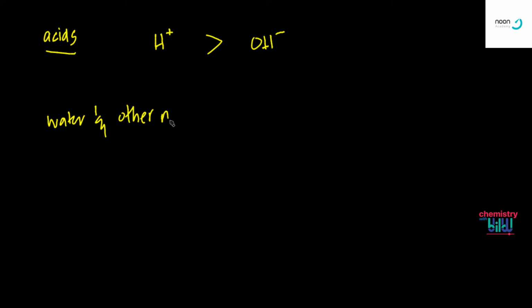Now, one thing, I don't remember if I told you this. I think I did. Even acids have H plus ions, even alkalis have H plus ions, even water has H plus ions. The difference is, in acids, the H plus ions are greater in number than OH minus ions. In water and other neutral solutions, H plus ions are equal to OH minus ions in number.